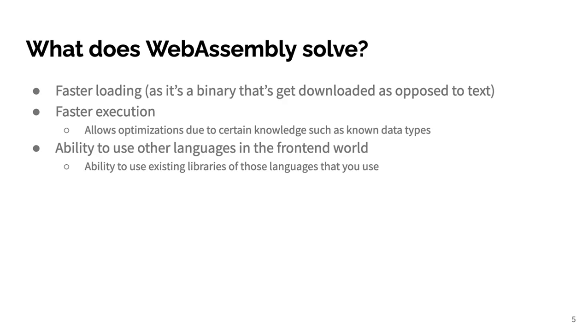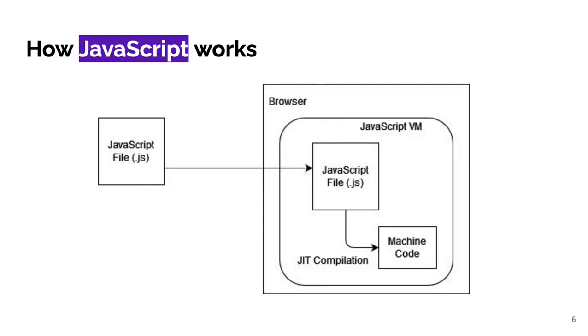So next thing, let's discuss how JavaScript works. This is important for you to have a good understanding of what WebAssembly brings and what JavaScript has been doing up to now. You have a JavaScript file in your web server along with, of course, your HTML and CSS files and whatnot. When you load that web page in your browser, there is a JavaScript virtual machine, the JavaScript engine.